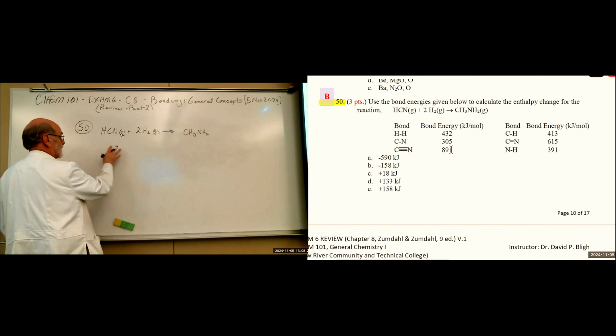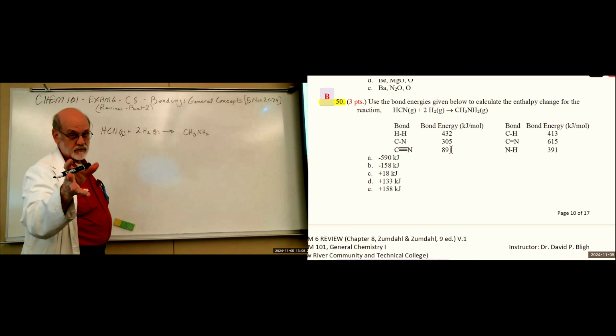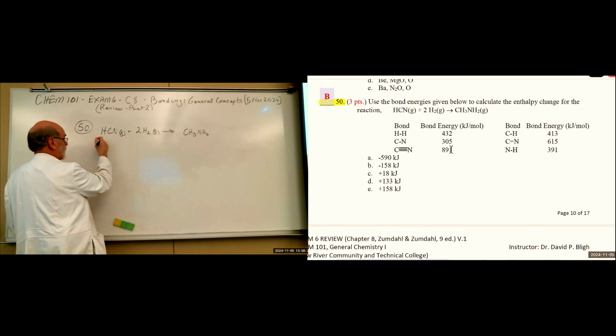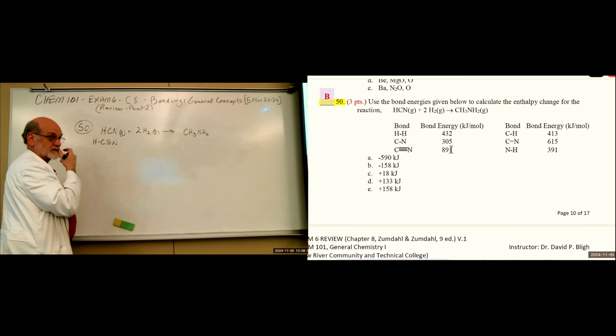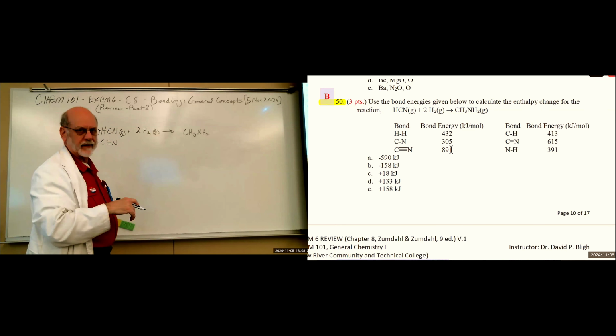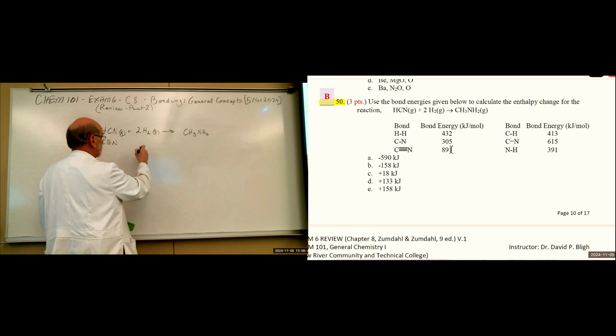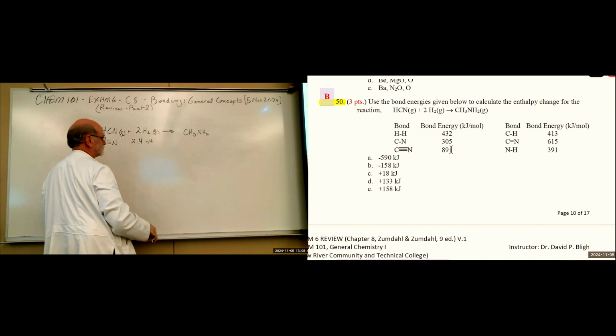All right. This one should be fairly simple. Because of the information we're given, we have to know what the bonds are. This one is H-C triple bond N. We can leave out the lone pairs because they don't count, not for this problem. This one is like that, only we have two of them.